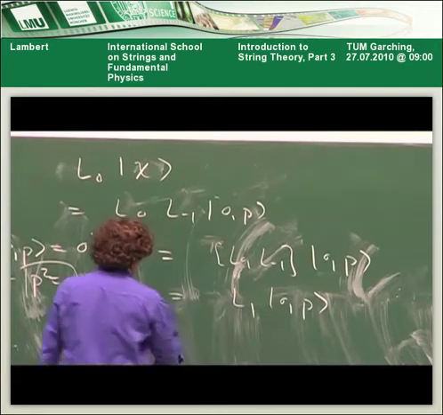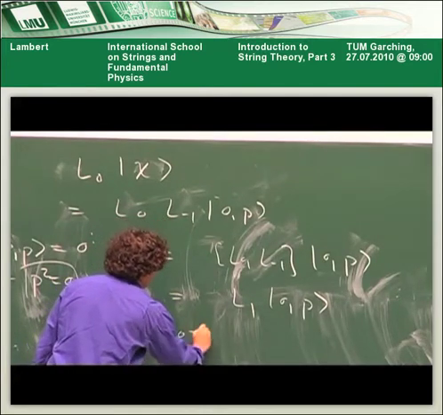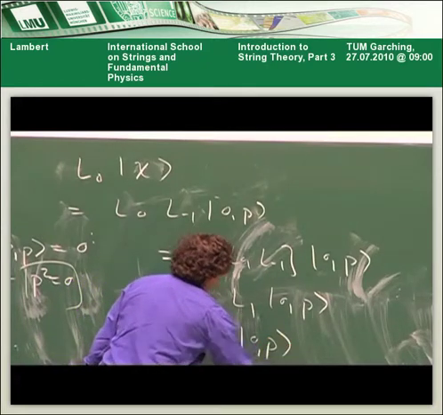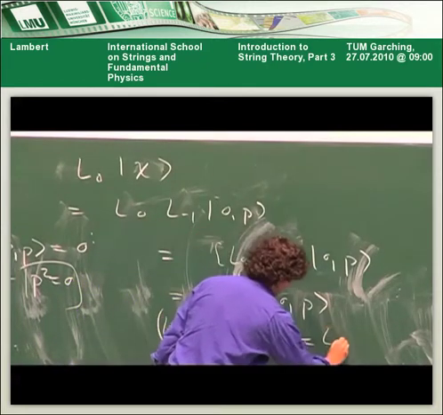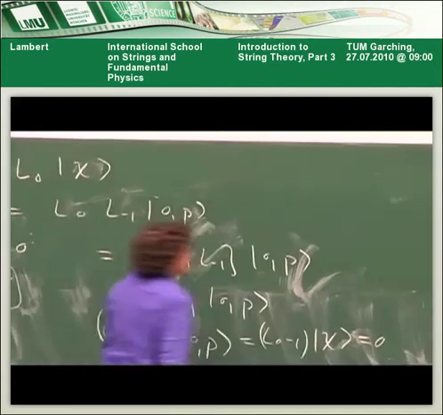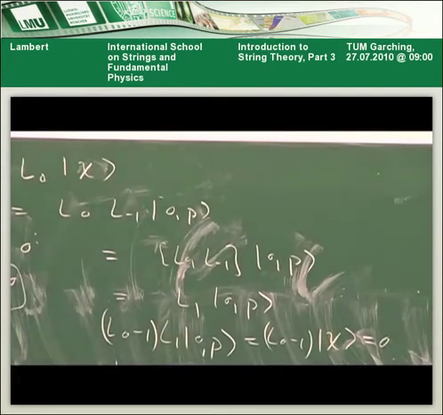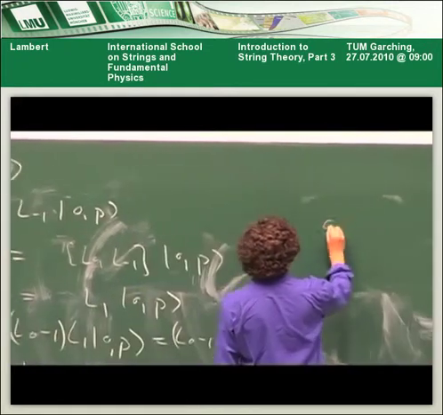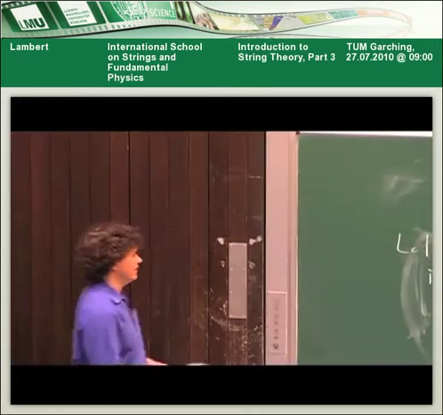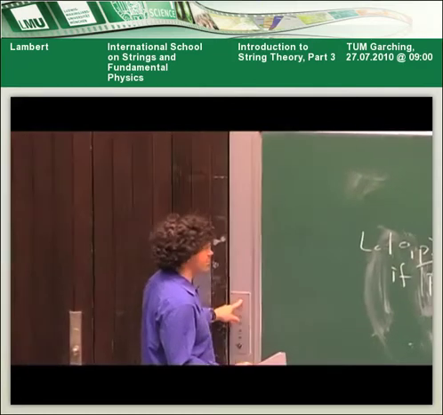Well, that's what we want in some sense because it tells us that L0 minus 1 onto L1 0p, which is L0 minus 1 on this chi, is 0. So this is a null state for the magic value of A, which is A equals 1. So here you start to see something special happens when A equals 1. What happens is you get a lot more null states than generic values of A.